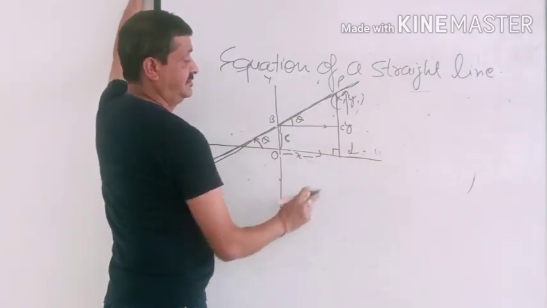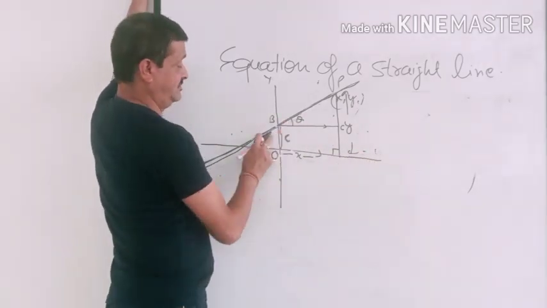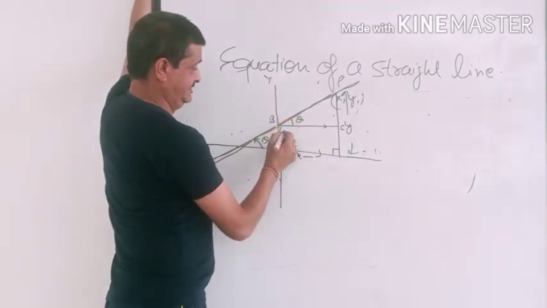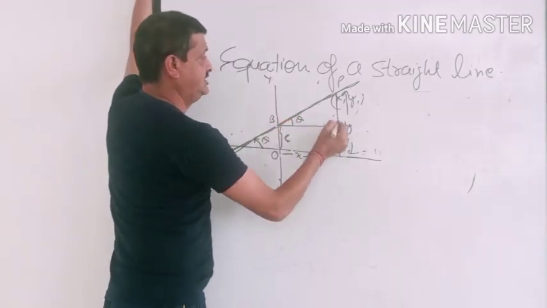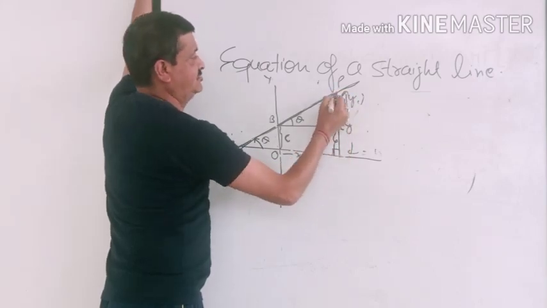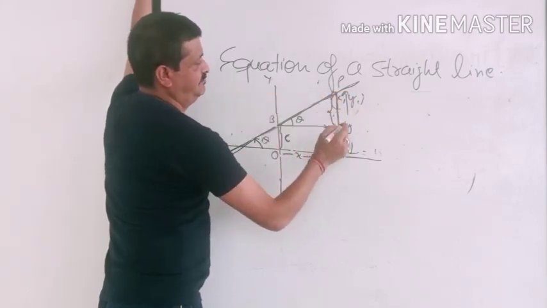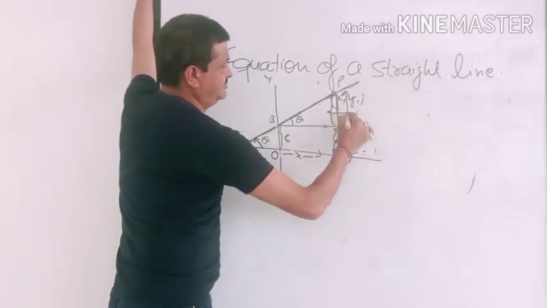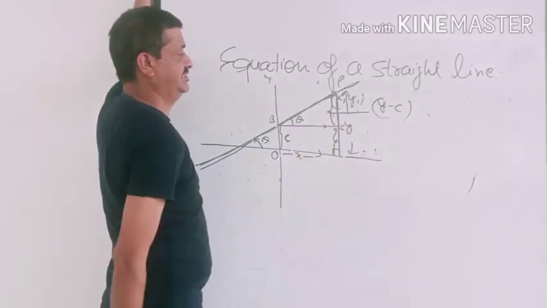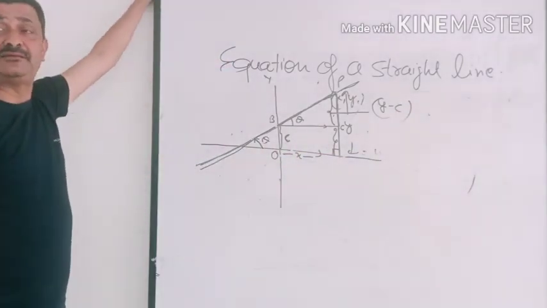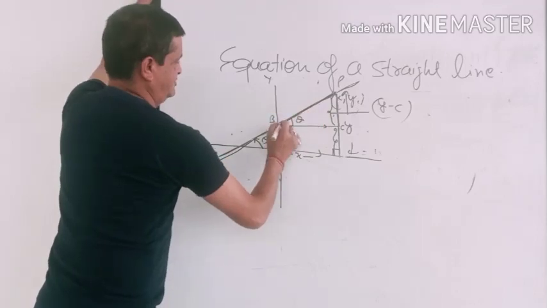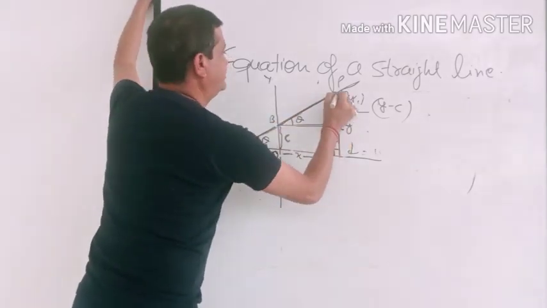Property of parallel lines, corresponding angles are equal. Now this is theta, and as this whole is y, this part is C, so the length PC will be y minus C. Simple geometry. Clear? So after drawing this, now just look at this triangle.